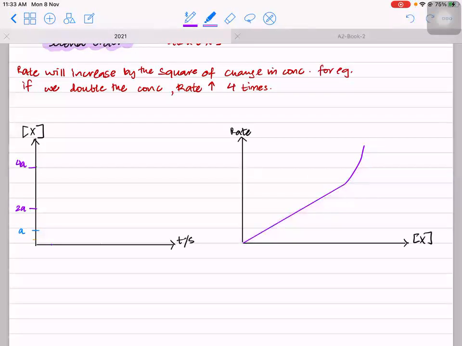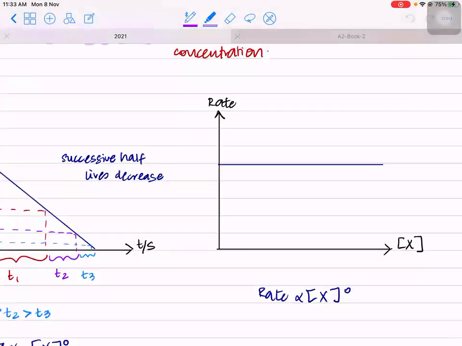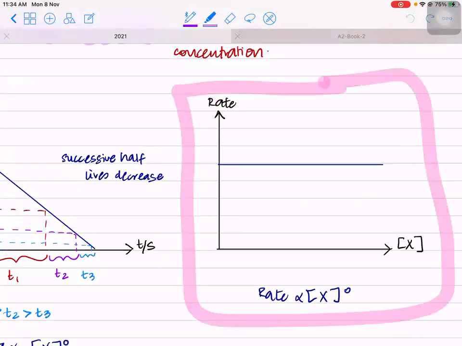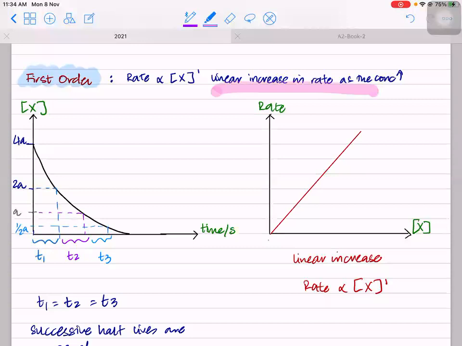Now, why am I showing the rate concentration graph first? Because if you see for all 3 orders, the rate concentration graphs are different. For 0 order, the rate concentration graph looks like this. It's a horizontal line. For first order, it's a linear line passing through the origin.